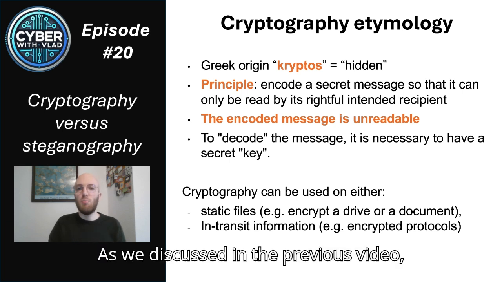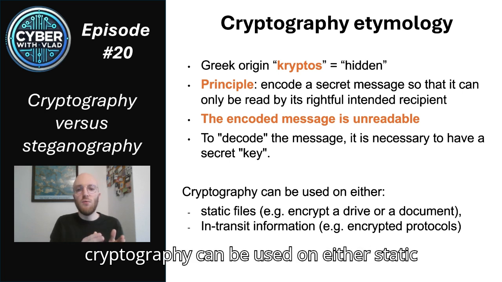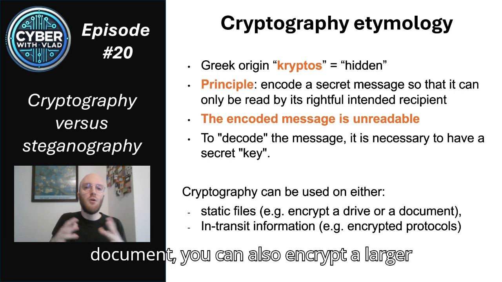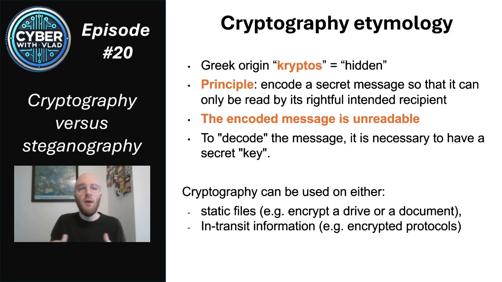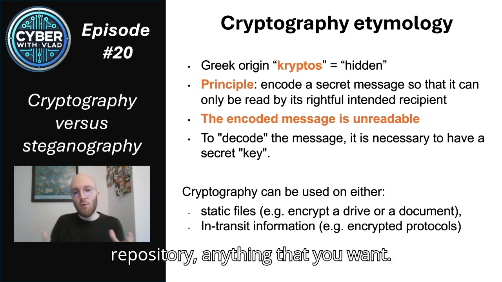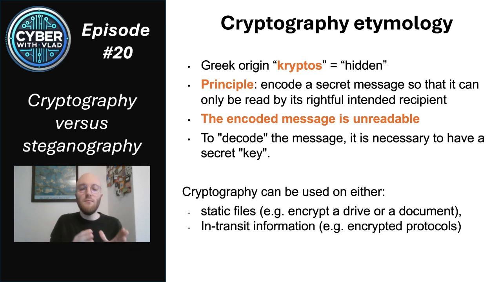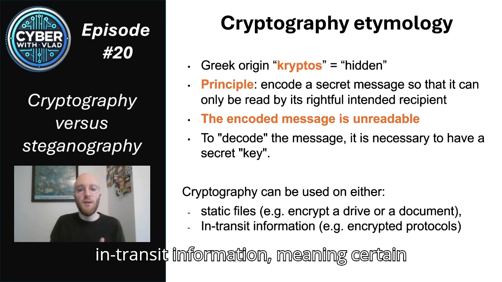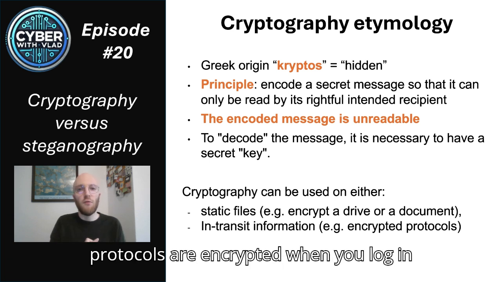As we discussed in the previous video, cryptography can be used on static files, so you could encrypt a specific document. You can also encrypt a larger volume, like a partition, or even a drive, or a repository, anything that you want. Or you can also apply cryptography to in-transit information, meaning certain protocols are encrypted.